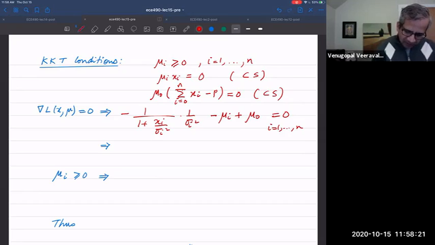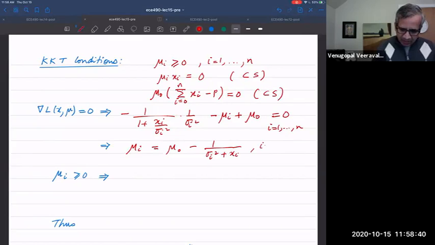Okay, so first of all, when I solve this equation, it implies that mu i, if I rewrite it, is mu 0 minus 1 divided by sigma i squared plus xi, for i equal to 1 to n.